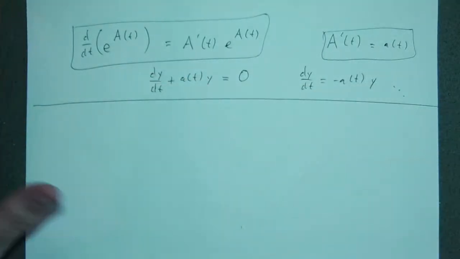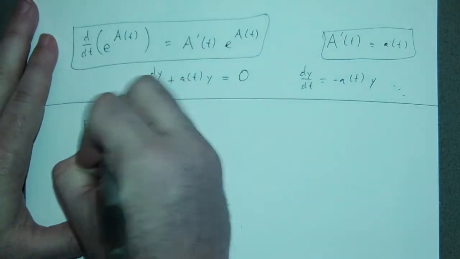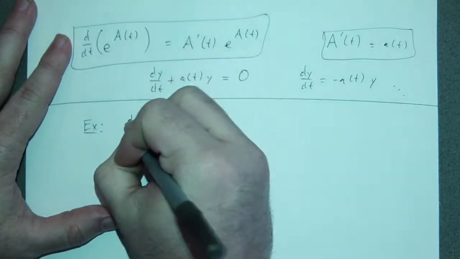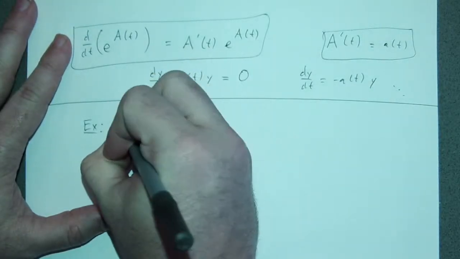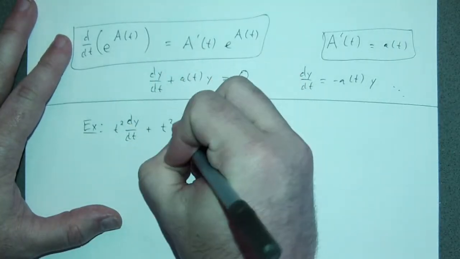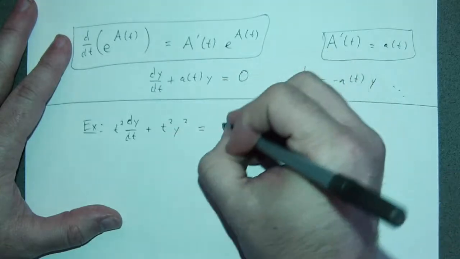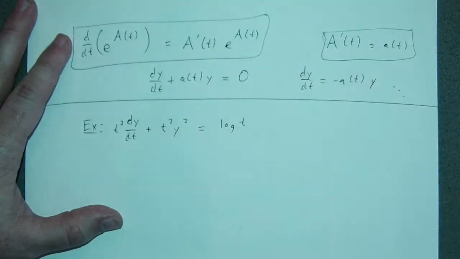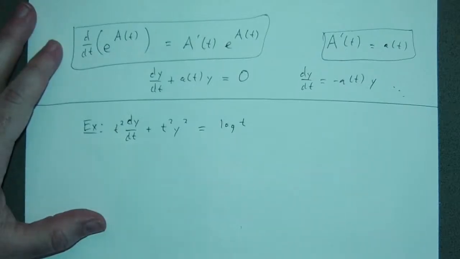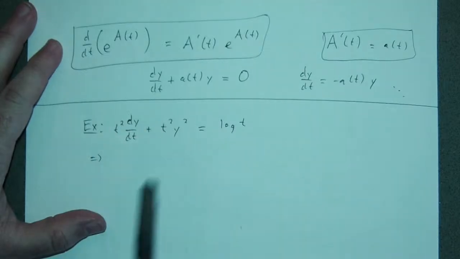Now, here I'm going to do another example. So here's our equation. I put this in linear normal form. If I can, I divide through by t squared.